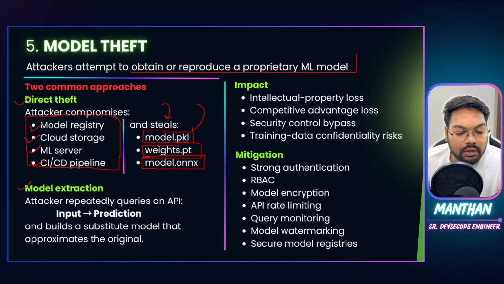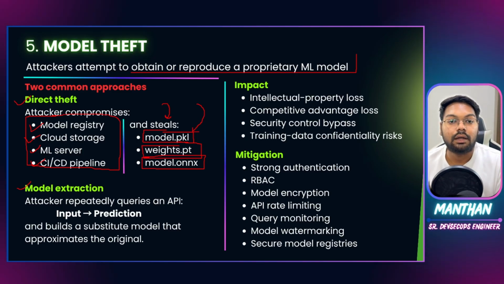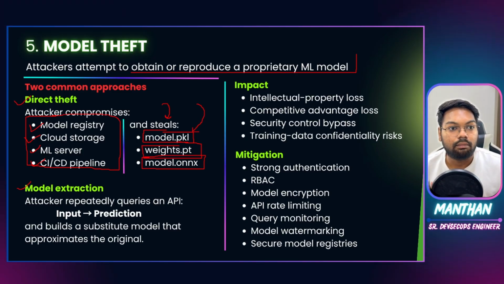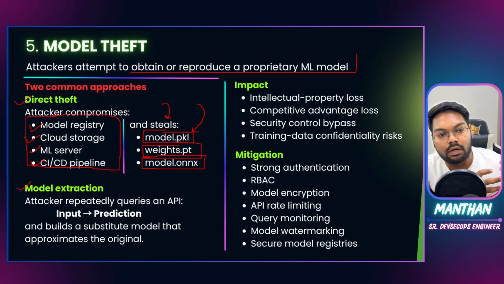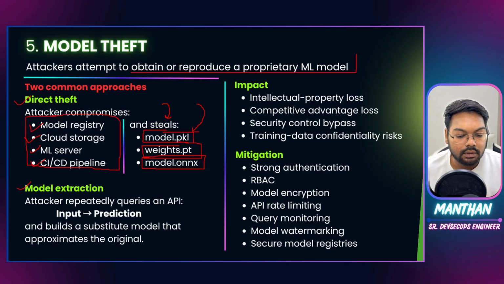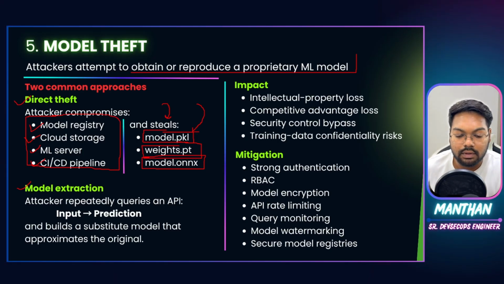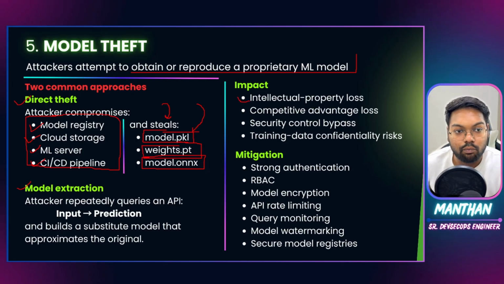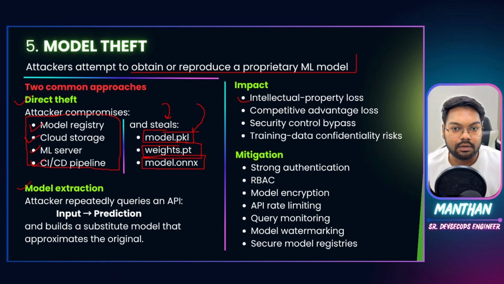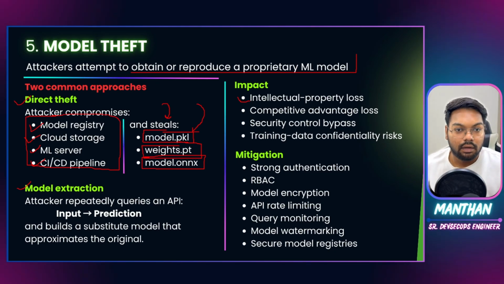So they can steal this thing and then recreate the model, or reverse engineer this model, and replicate that thing. So what happens, as we will see in the impacts, is that your intellectual property, what you have built with so much hard effort, could be easily stolen by these people.